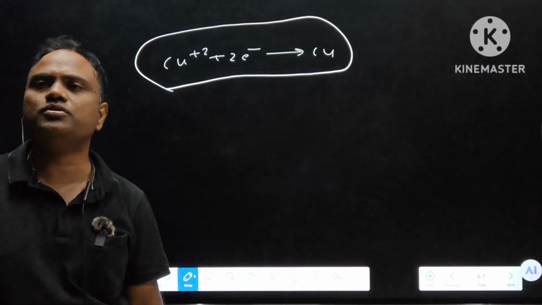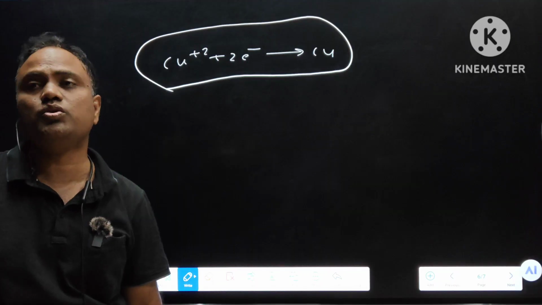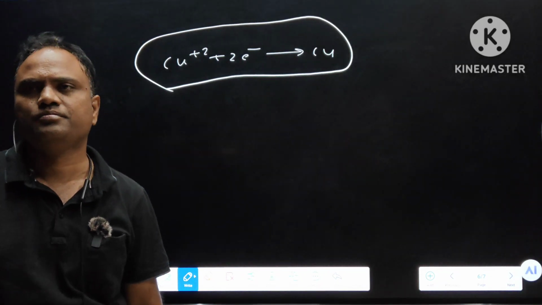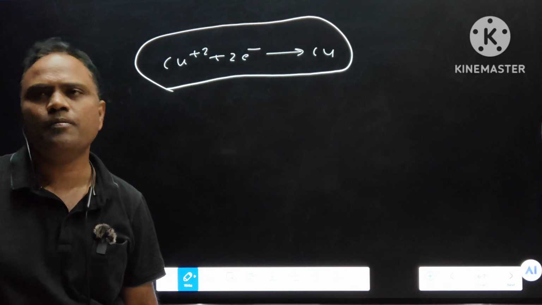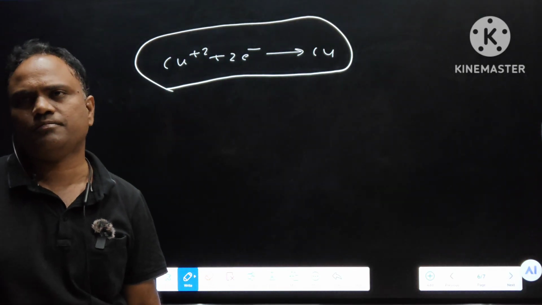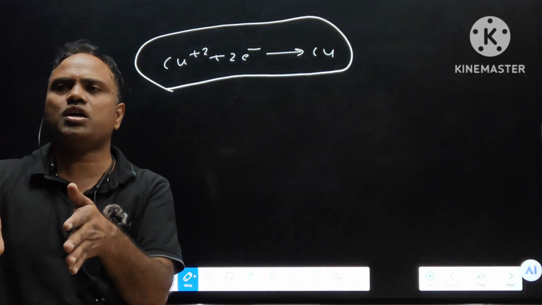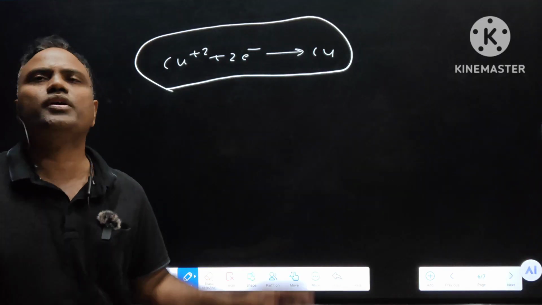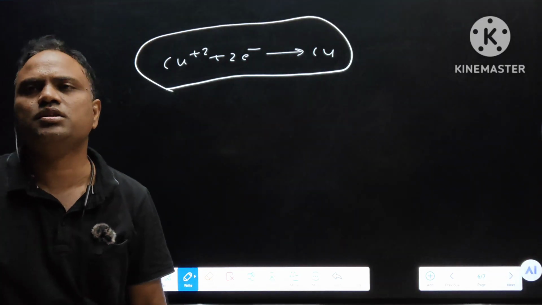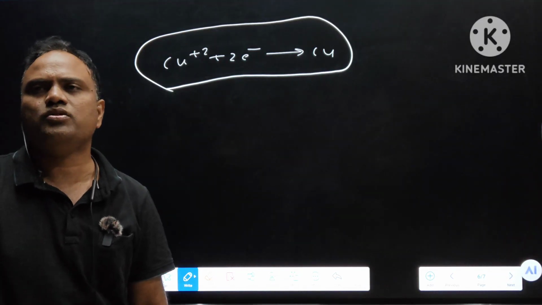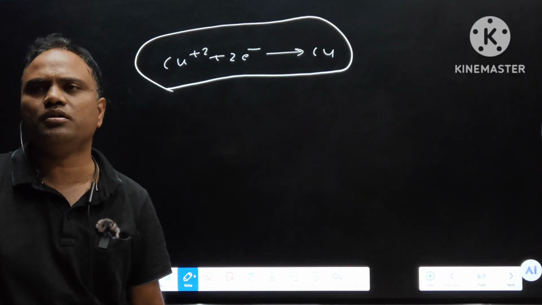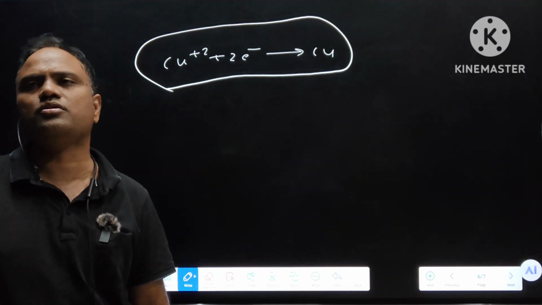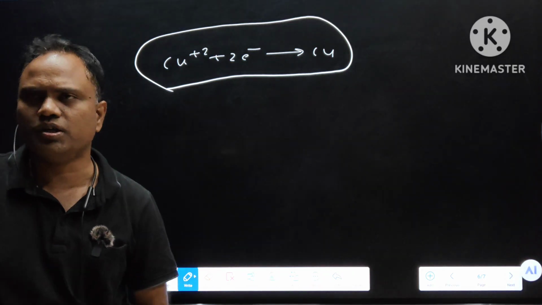Potential difference developed due to gain of electrons or due to reduction reactions is called as reduction potential. Electrode potential development due to oxidation reaction is called as oxidation potential.